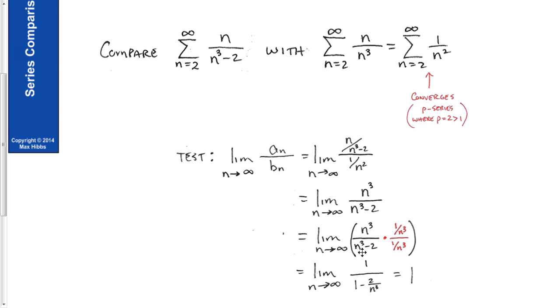I'm noticing the biggest power of n in the denominator is 3, and so I'm going to multiply the denominator by 1 over n cubed, and likewise the numerator by 1 over n cubed. And when I do, I get 1 in the numerator, and I get 1 minus 2 over n cubed in the denominator. And so when I'm looking at the limit of this adjusted fraction, I get 1 over 1 minus 0, or 1.